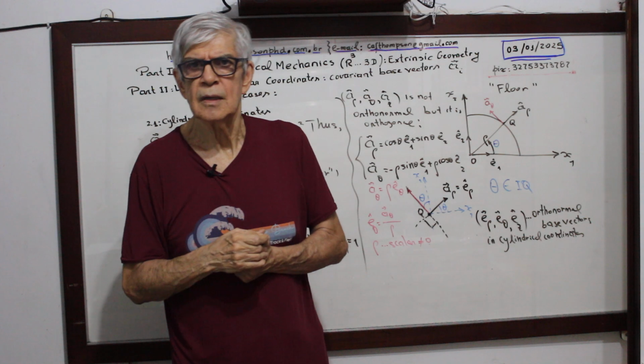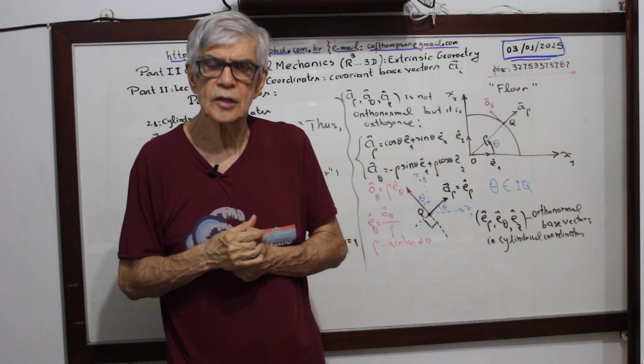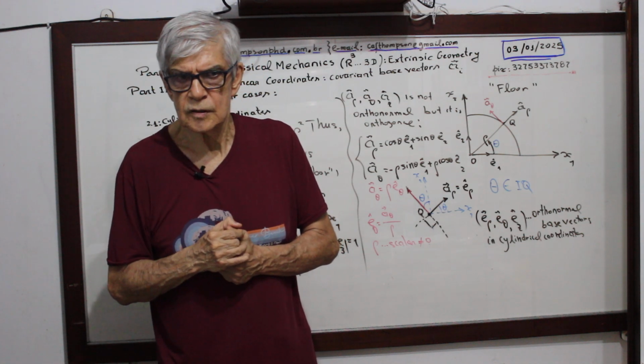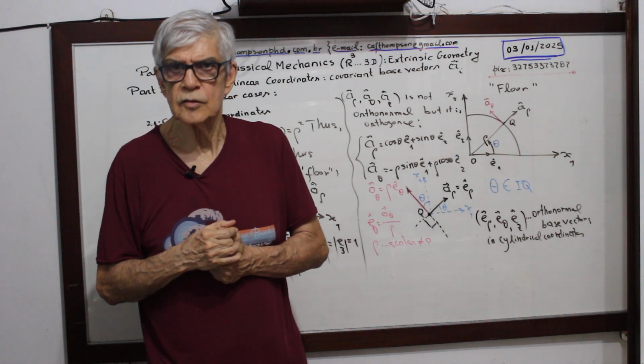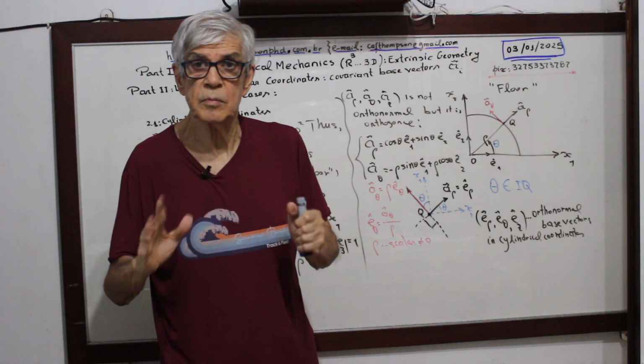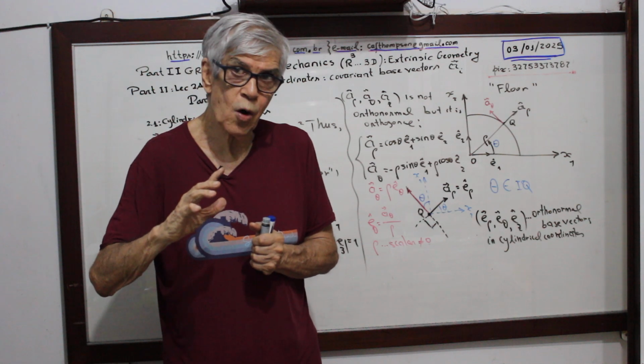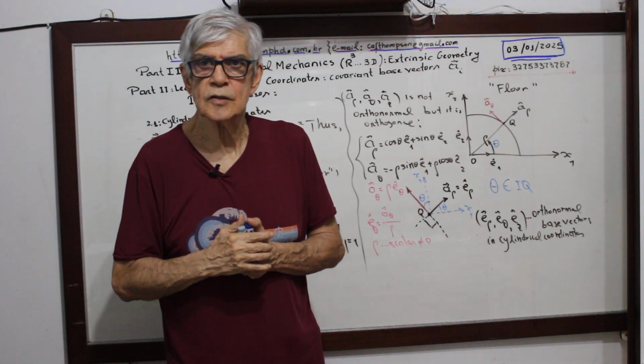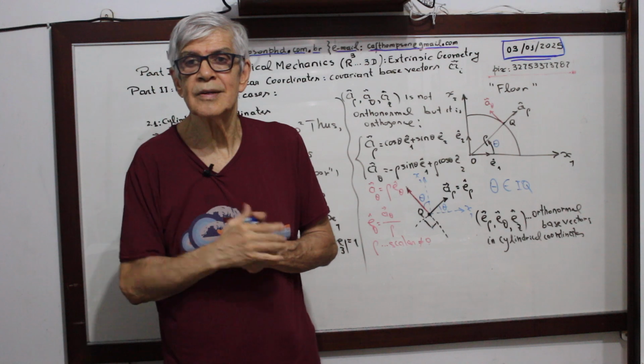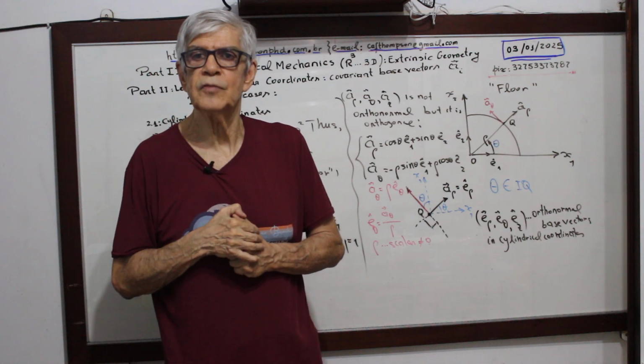The other examples in general relativity also use spherical coordinates. Spherical coordinates are important for our objective, which is a long way to go just to reach the Einstein field equations.